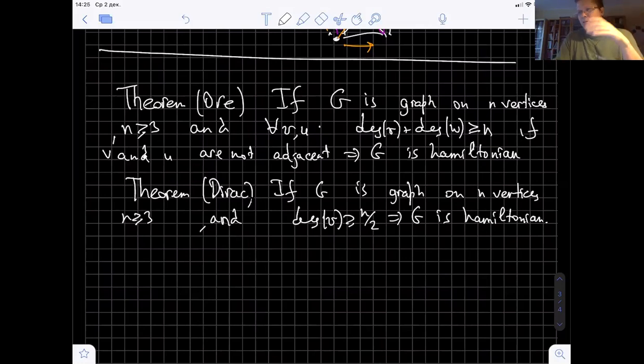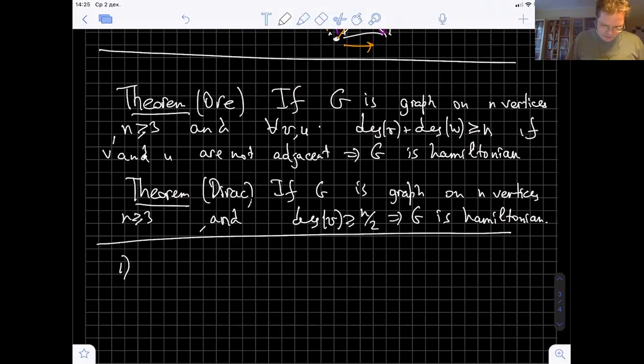But usually we do not look at multigraphs, so we don't think about loops and multiple edges between two vertices, because it makes no sense in terms of Hamiltonian graphs. In a Hamiltonian graph we need to build a cycle, and how many edges are between two vertices doesn't matter at all. So we forget about multigraphs, and we can look at directed graphs, but here we assume the graphs are not directed.